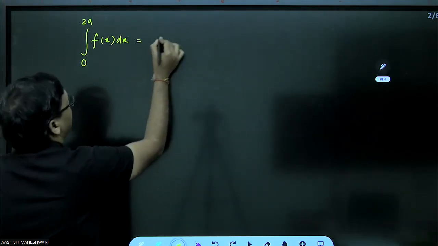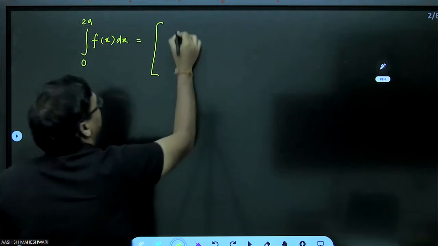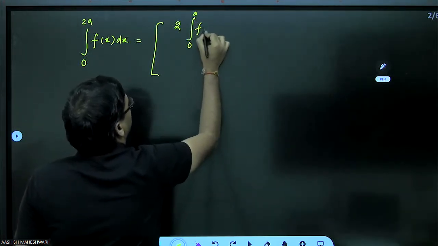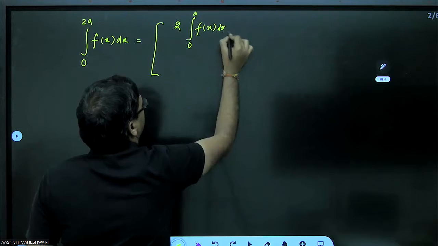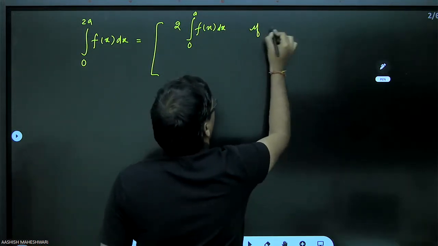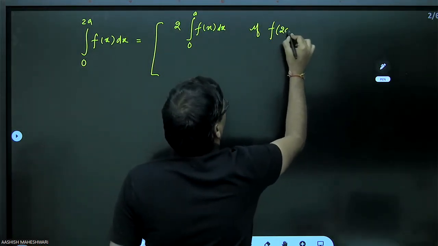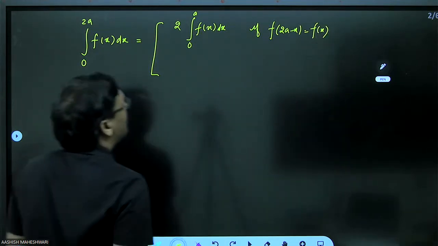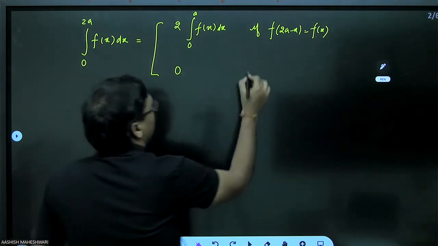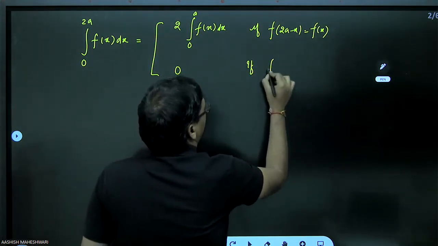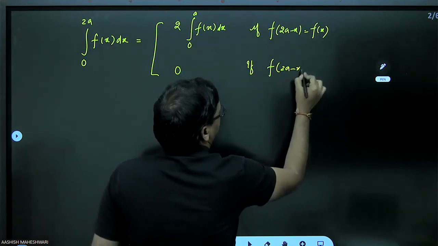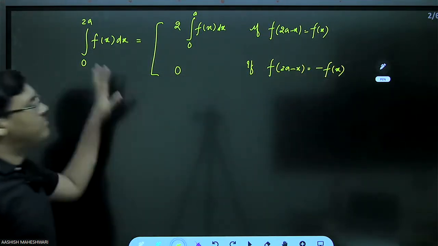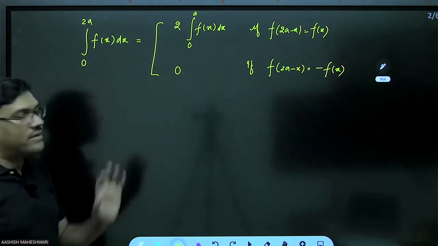This is equal to either 2 times the integral from 0 to a of f(x) dx, if f(2a minus x) is equal to f(x), and it will be equal to 0 if f(2a minus x) is equal to minus f(x). This is the simple rule that is called Queen's rule.